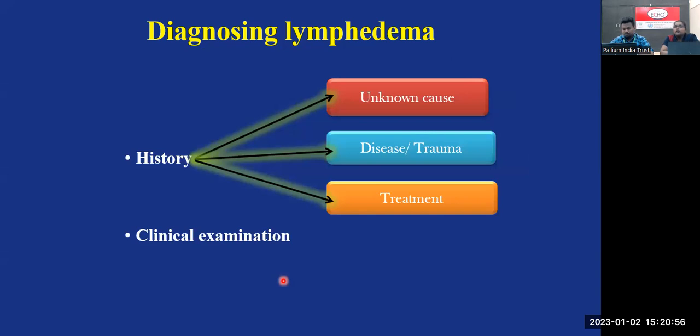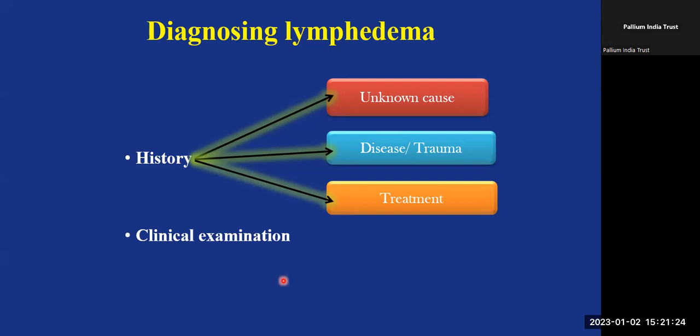How to diagnose lymphedema? We need to take a proper history, because all edemas are not lymphedema. If the patient has a cardiac problem, a renal problem, or a respiratory problem, those patients also develop edema.